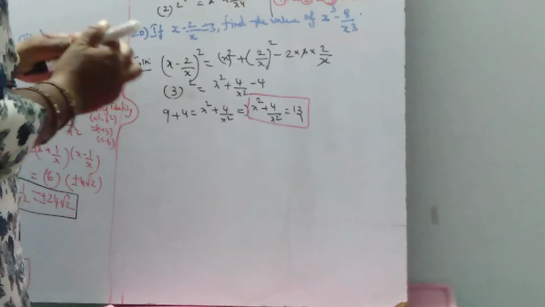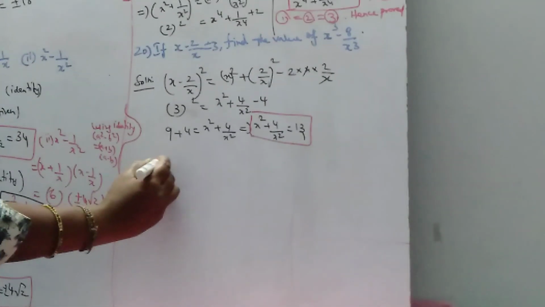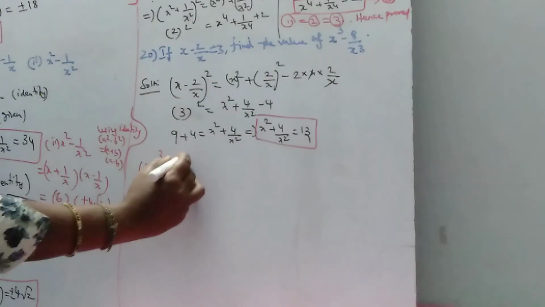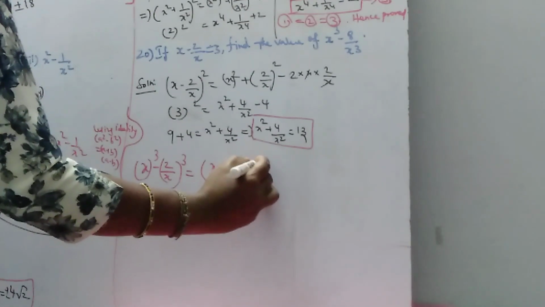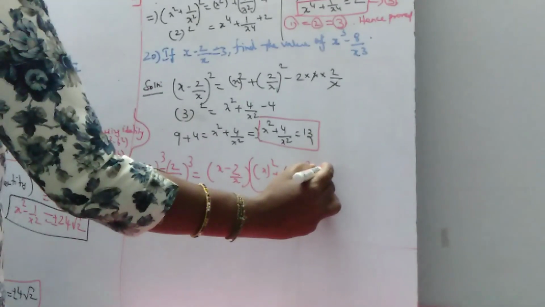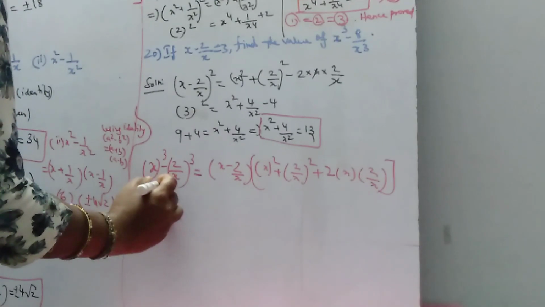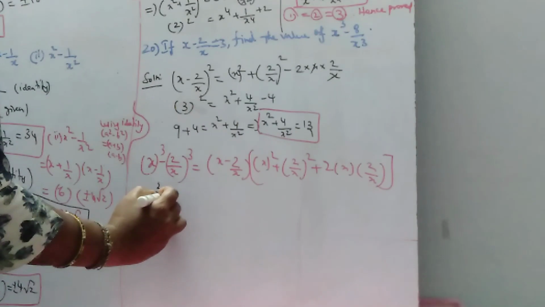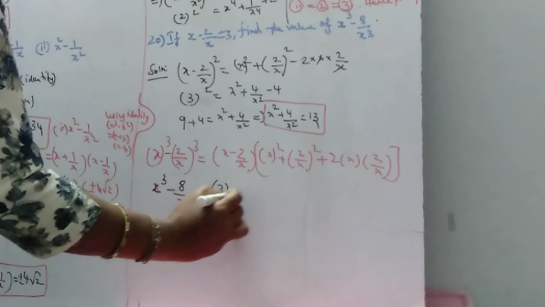Okay, using this we want to find the next one, which is what? X minus 2 by x the whole, x cube minus 8 by x cube. The formula here is a cube minus b cube, that is a minus b into a square plus b square plus ab. We are going to use this one, that is x cube minus 8 by x cube equals x minus 2 by x is given, which is 3.